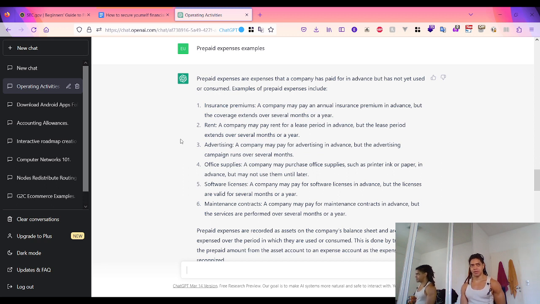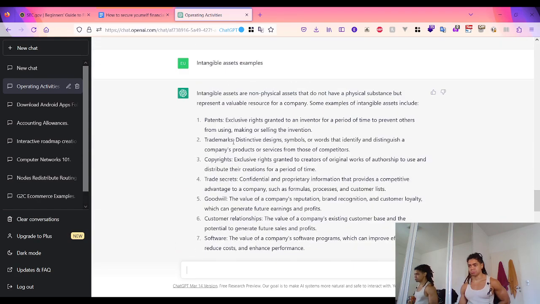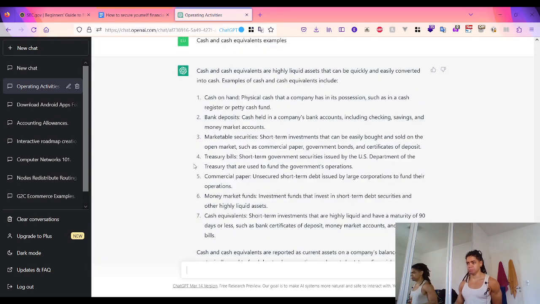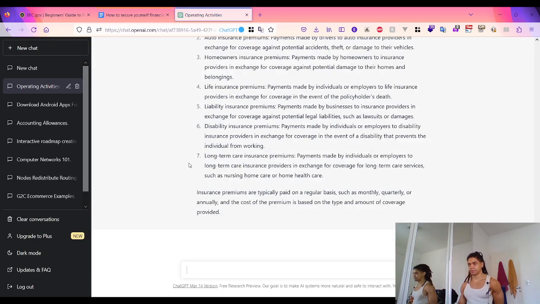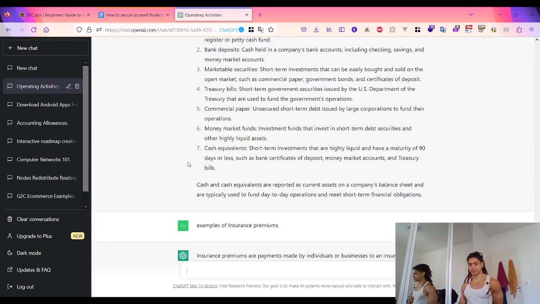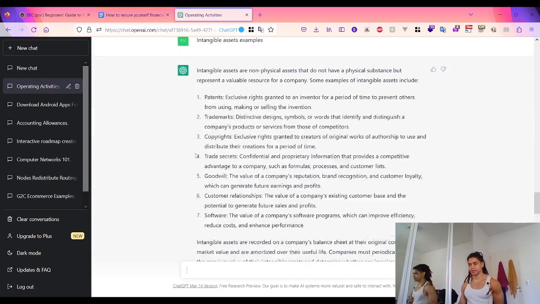Insurance premium such as health, auto, homeowners, disability, liabilities, long-term care, life insurance. Interesting.